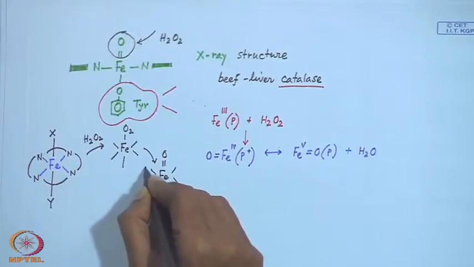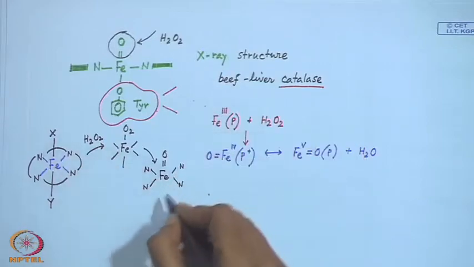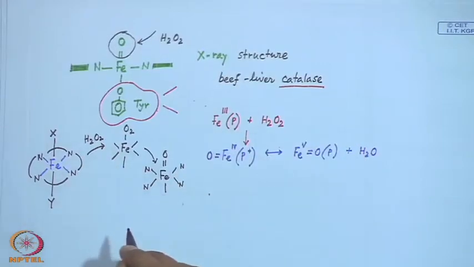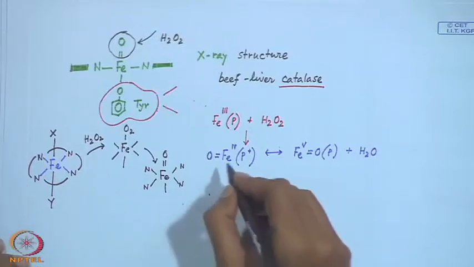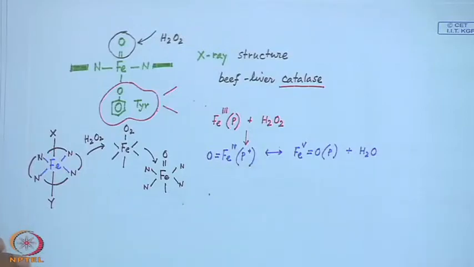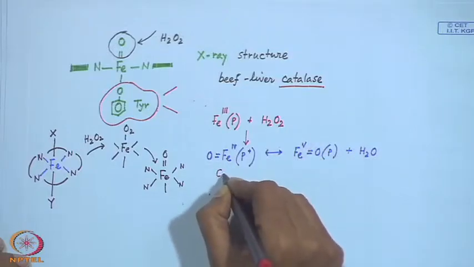So, these changes we now know. For this transformation, what is forming immediately through the addition of hydrogen peroxide, we can label as compound 1.